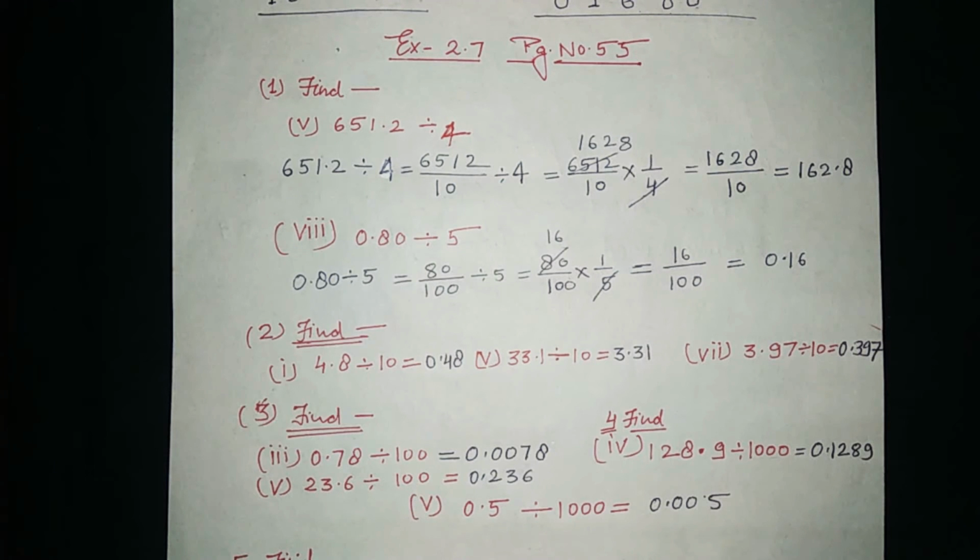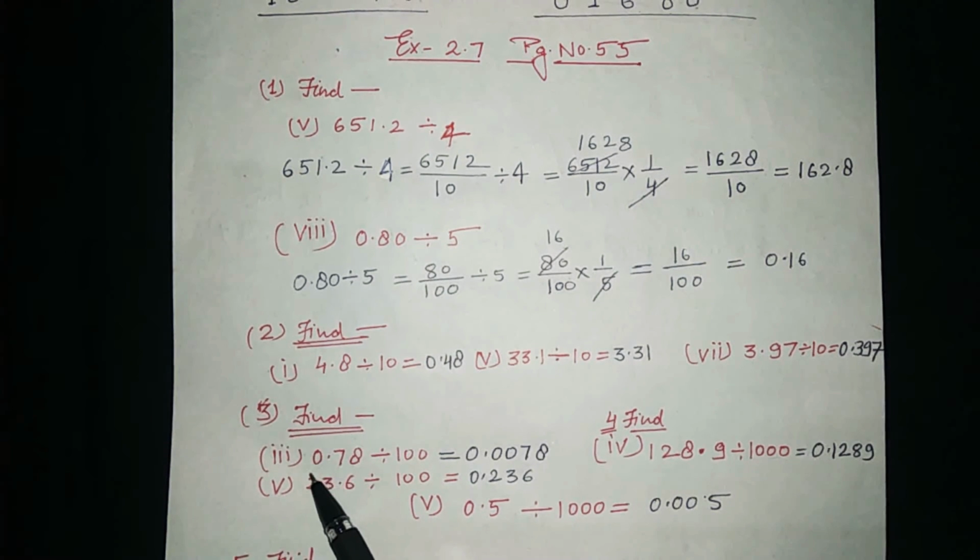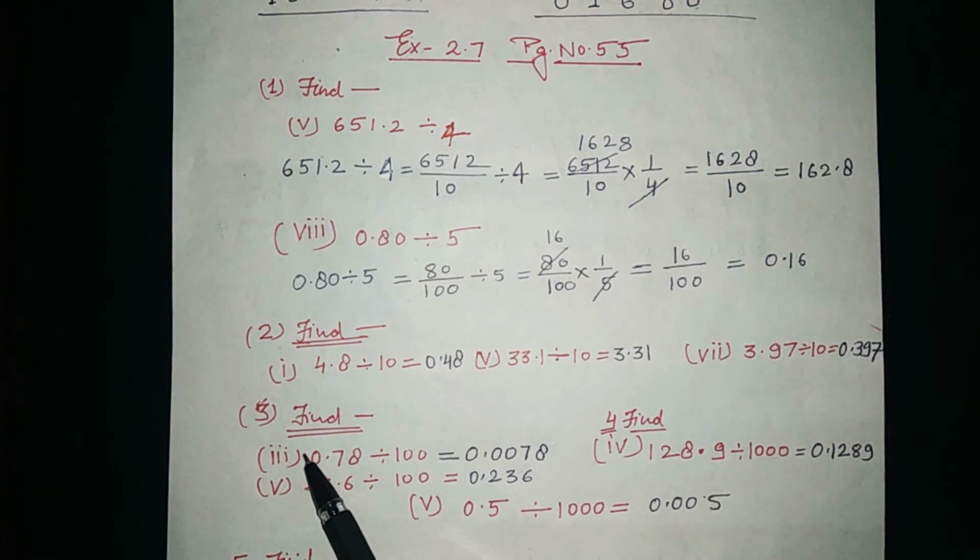We have to shift the decimal left side by 2 places. Now we will shift the decimal this side, and one digit 0 is here. One more 0 we will put, then our answer will be 0.0078.